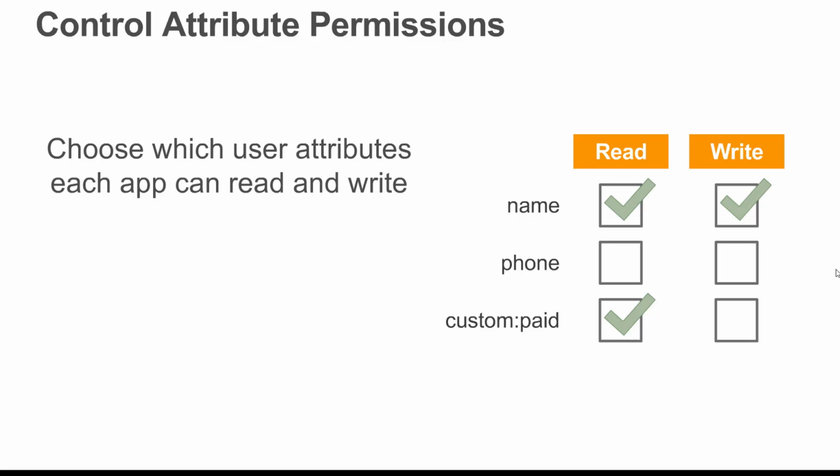So going through a few more of the features I wanted to highlight. There's the ability to control attribute permissions for different apps. So you can choose whether a given app has the ability to read or write an individual attribute that's in a user profile. This is a simplified example, but it shows here that you've got a custom attribute called paid.